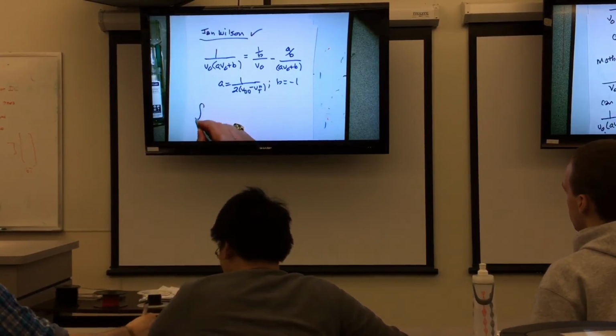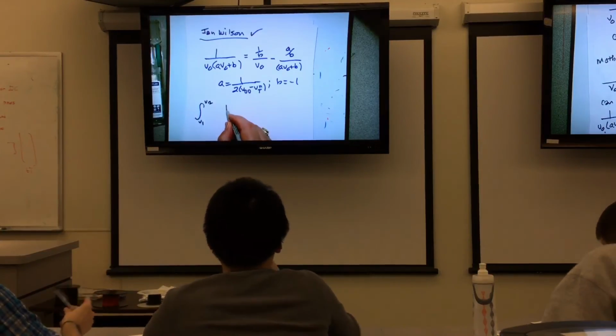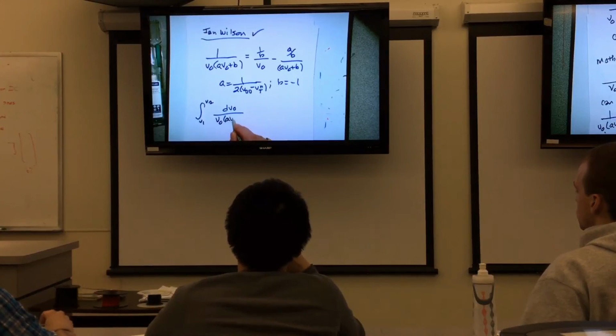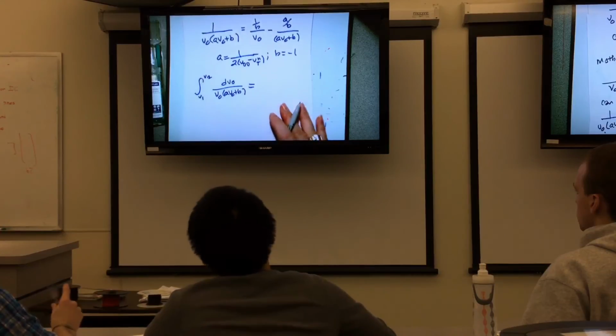And our integral from V1 to V2, which I'll go over later, dV naught over V naught times A V naught plus B equals a whole lot of stuff.